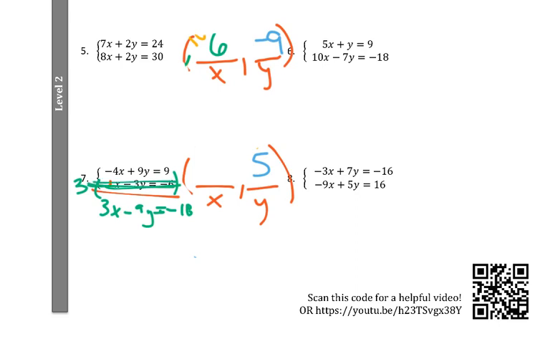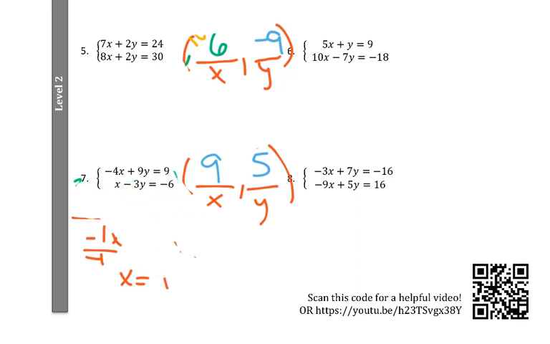We have 9's with our y's, and they are opposite signs, so we can go ahead and add straight down. Negative 4x plus 3x is negative 1x. Our y's eliminate, and we get negative 9. Divide both sides by negative 1, and x equals 9. There's an answer, and I can check it.